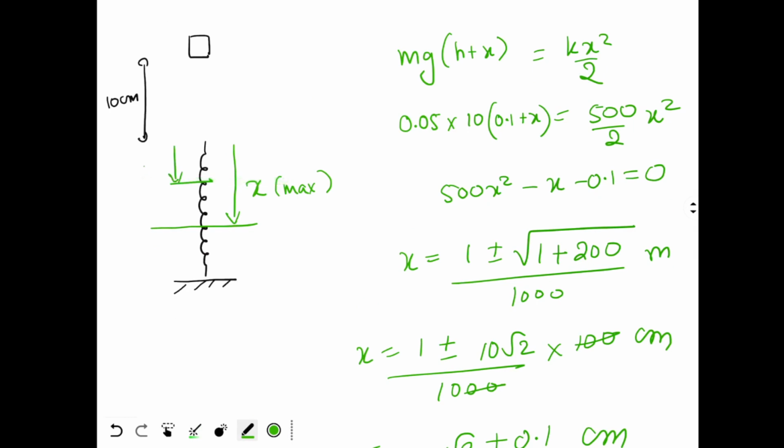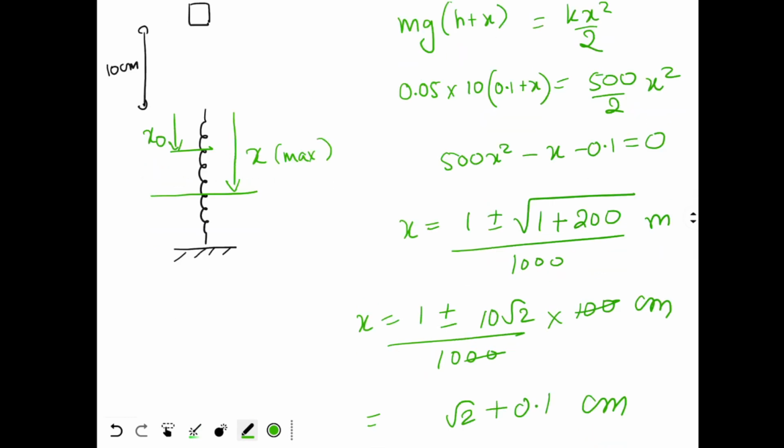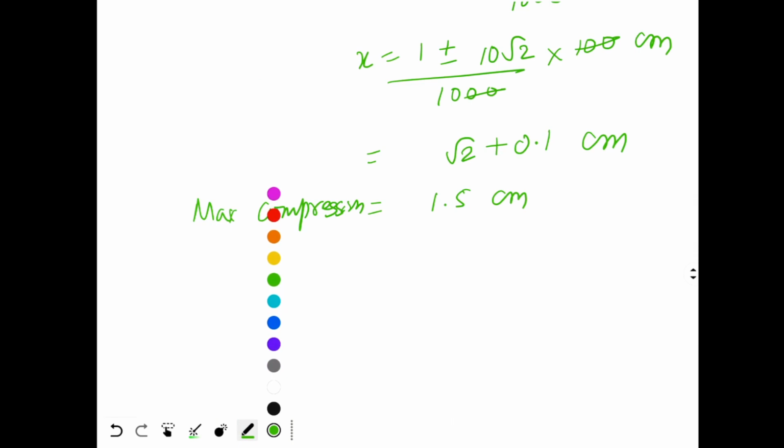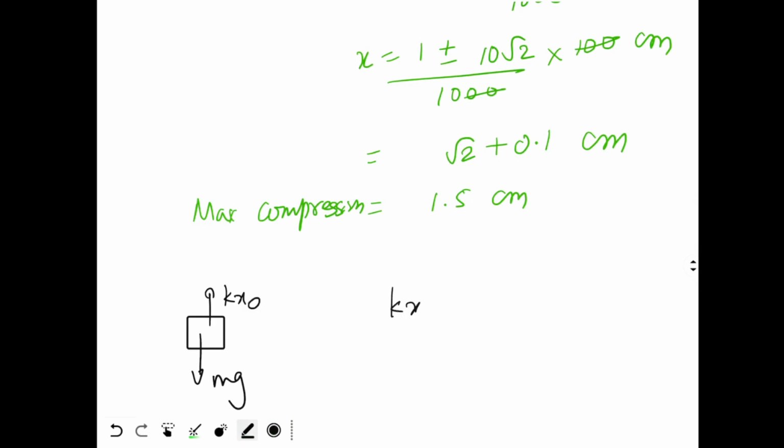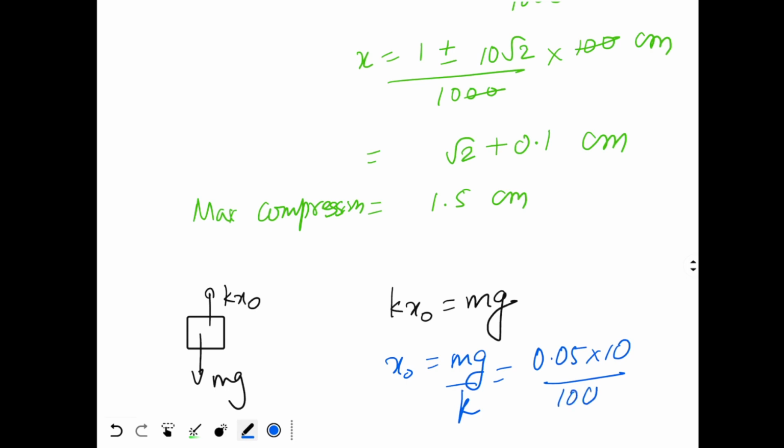Okay, now what is the equilibrium position? Equilibrium position of the block x naught is how much? At equilibrium, mg downwards and spring force kx naught upwards, and they should be equal to each other. So for equilibrium position, x naught will be equal to mg by k. M is 0.05 kilogram, g is 10, k is 500.